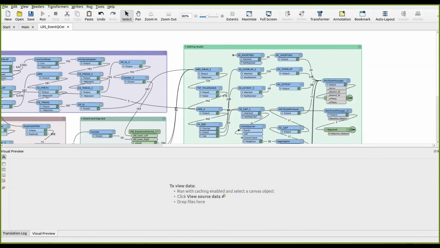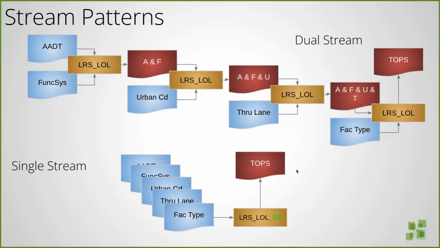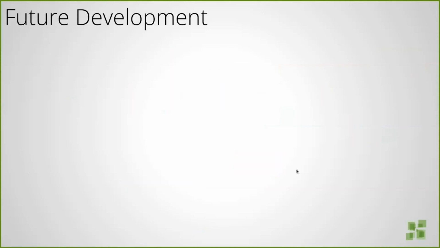Yeah. And that, I think, is my, let me switch back to, perhaps I have one last slide. Yeah, speaking of feature development, I think we're going to expand the single stream pattern.